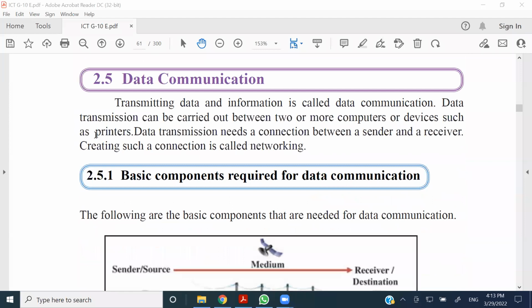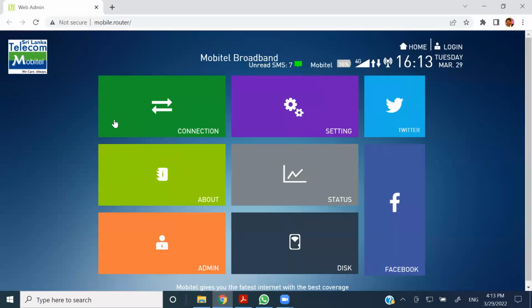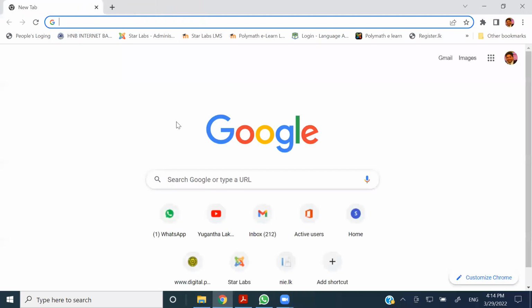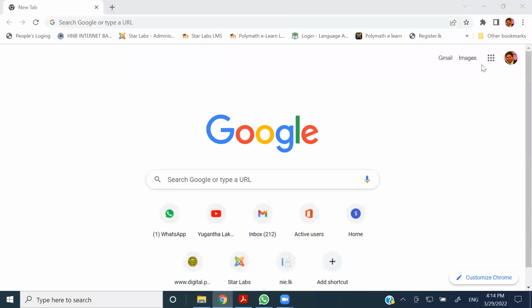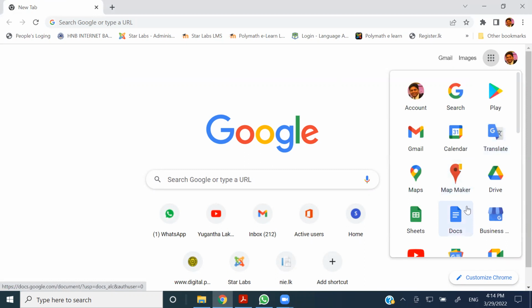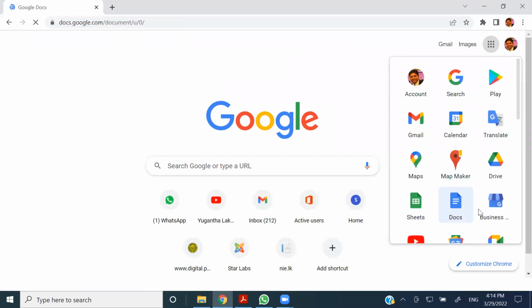And before we move to data communication, there is a small video for you to watch about the ports. So let's look into that, which describes the ports in a very nice way. A small animation, as I remember.